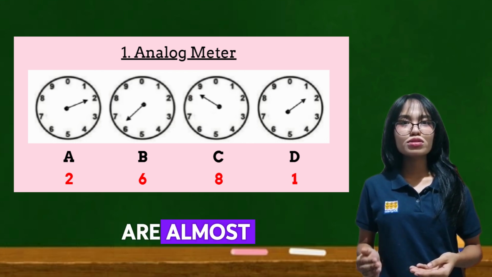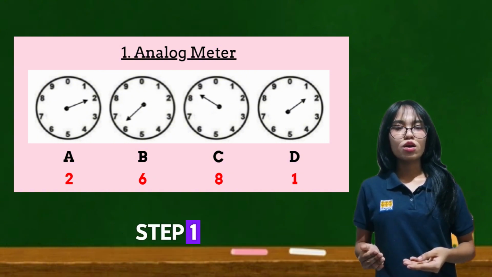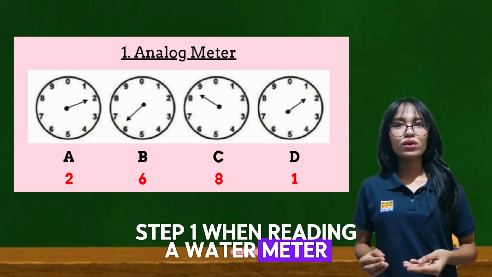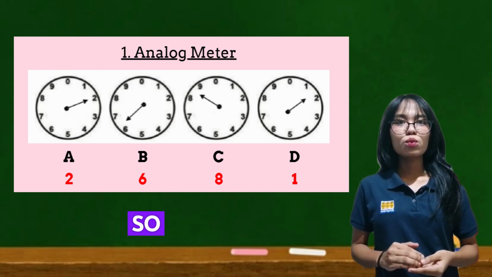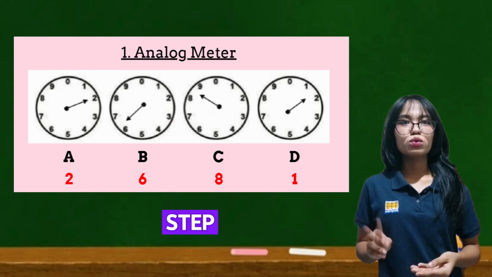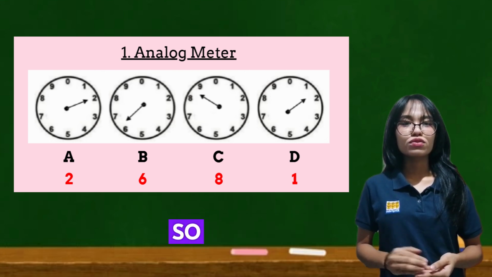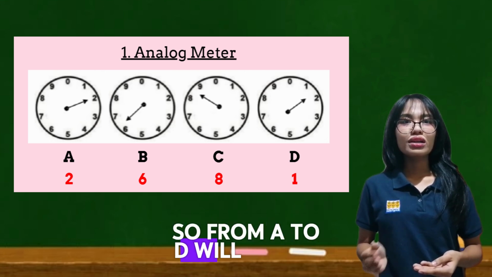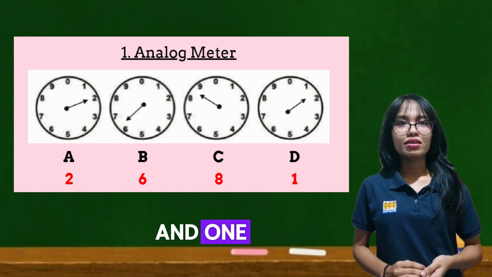The rules are almost similar to reading the electric meter. Step 1. When reading a water meter, we start from right to left. So we'll start from dial D to dial A. Step 2. We read the numbers by the pointer of the dial. So from A to D, we'll have 2, 6, 8, and 1.